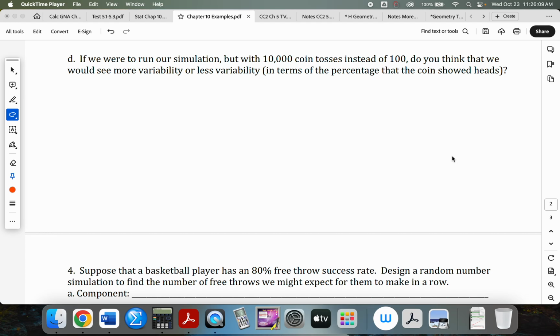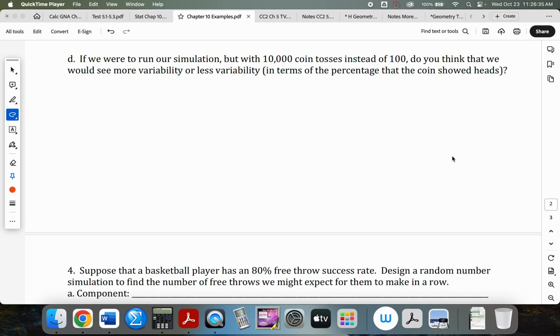Because it's not going to go all the way up to 70%, is it? No, it shouldn't. You're going to have a smaller standard deviation. It's going to be more tightly packed around 50%. Because the bigger it gets, the closer it gets to the theoretical probability.